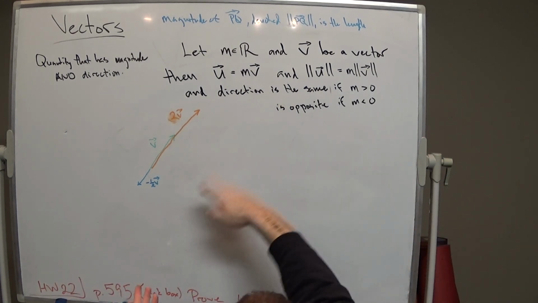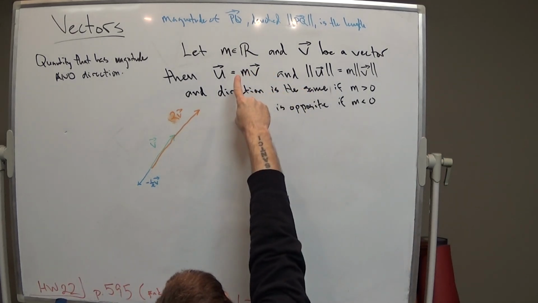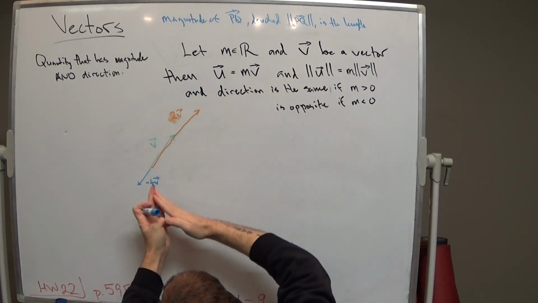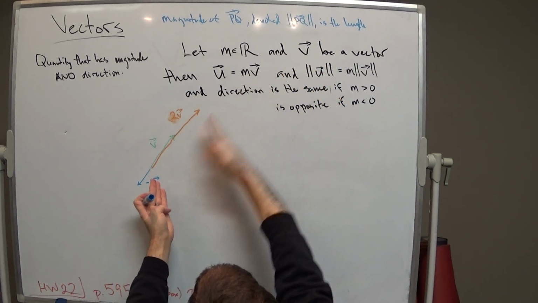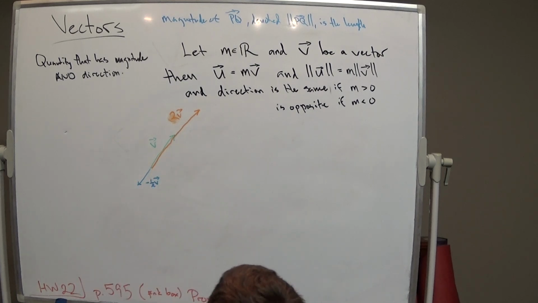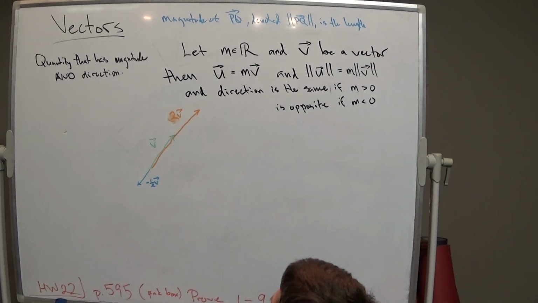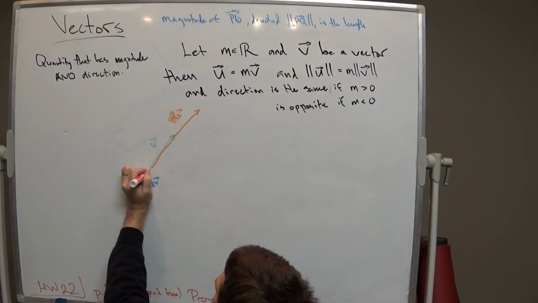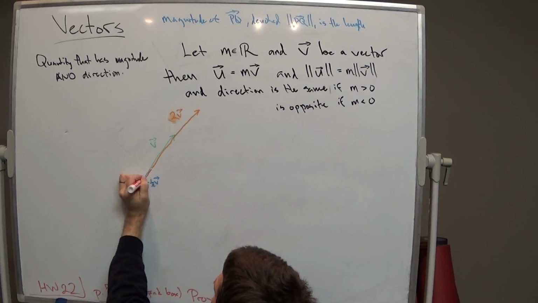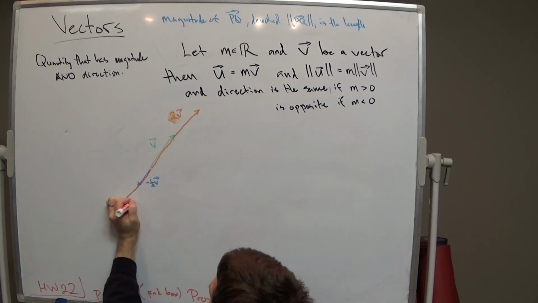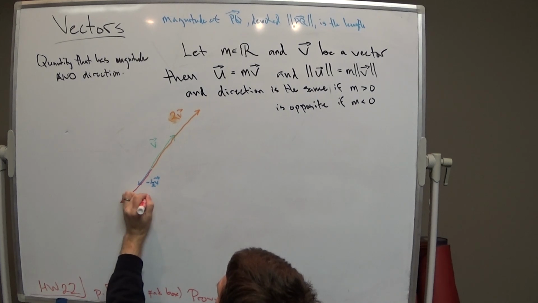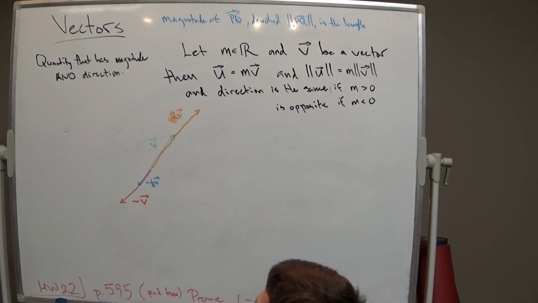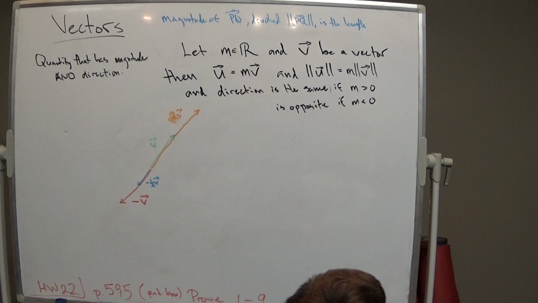This is what you're doing. You take a real number, multiply it by V, and it either stretches it out, or it compresses it, or it might flip it around, right? So like -1 times V would be the same length, but in the opposite direction. And -1 times V, we'll just call it -V. Does that make sense? Yeah.